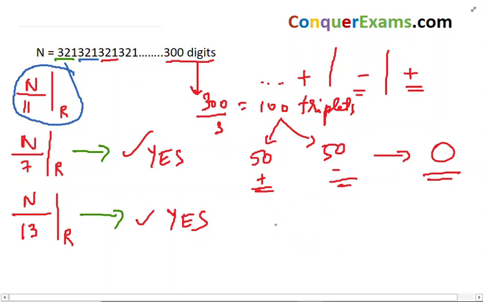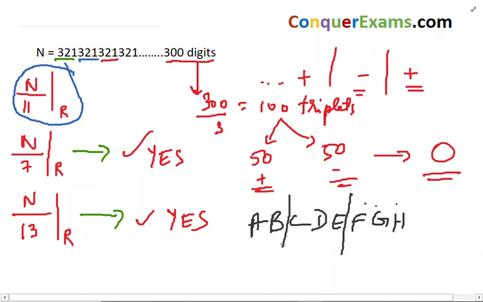You can either take one digit at a time, as we discussed, and give a plus, a minus, a plus, and so on, or you can take 3 digits at a time and do the same thing. So for 11, you can take an odd number of digits at a time. That's an additional point.